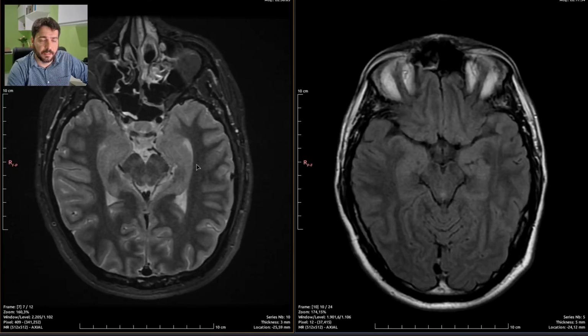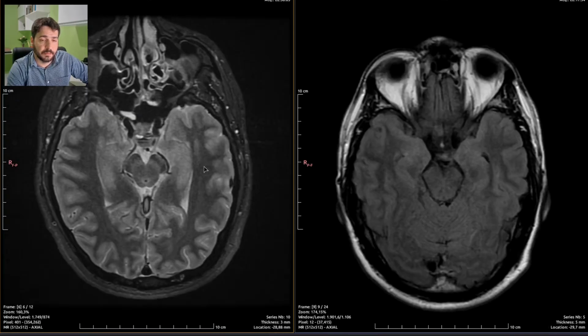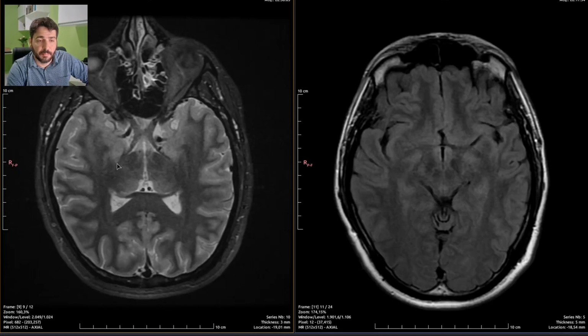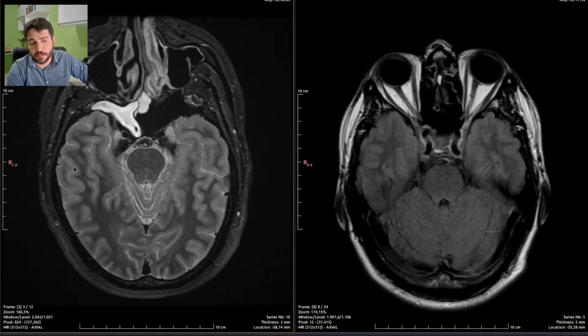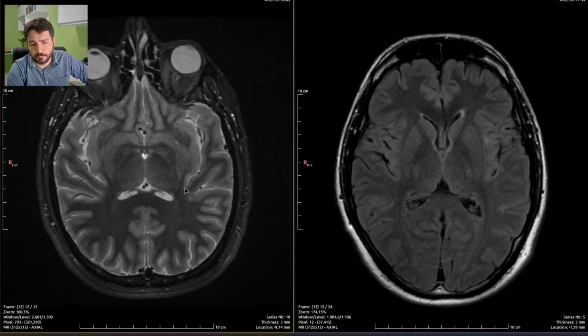This is an IR, an inversion recovery sequence that highlights cortical matter and white matter, so it has a stronger gradient and contrast, so we can see and measure in a much easier manner any disease that is located on the subcortical or the cortical brain parenchyma.